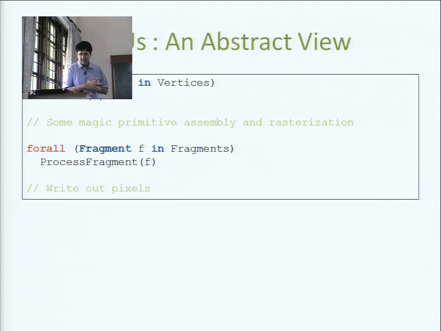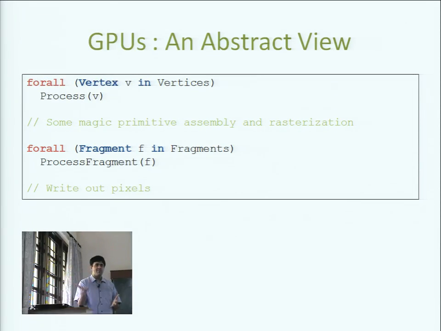So from what I just explained, this is a very abstract view of the same thing. You take all vertices, you pick each vertex in turn, you do something with it, which is maybe like a matrix multiplied by that vertex coordinate, right? And you get something.